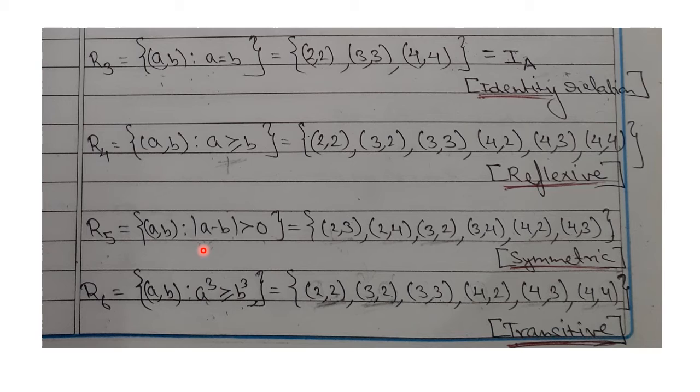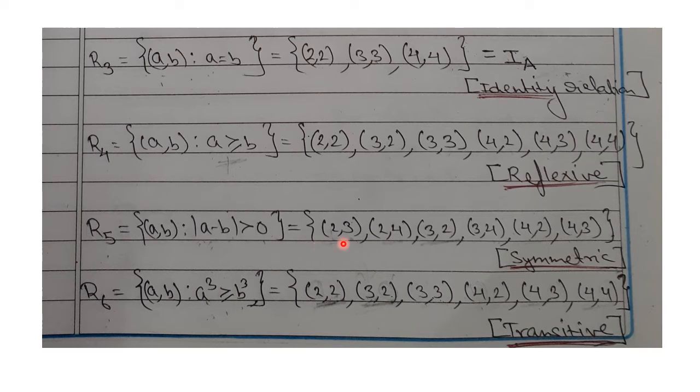For R5 the condition is the absolute value of A minus B should be greater than 0. According to this definition, we got these ordered pairs, and here we notice that for each ordered pair, if I have 2 comma 3, then I have 3 comma 2 also. If I have 2 comma 4, then I have 4 comma 2 also.